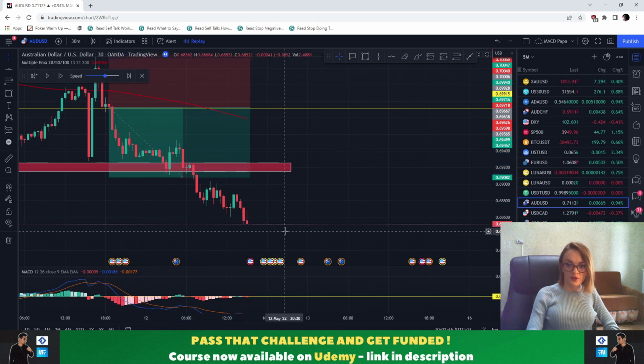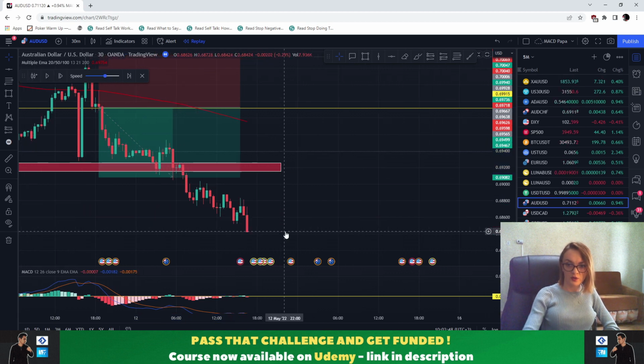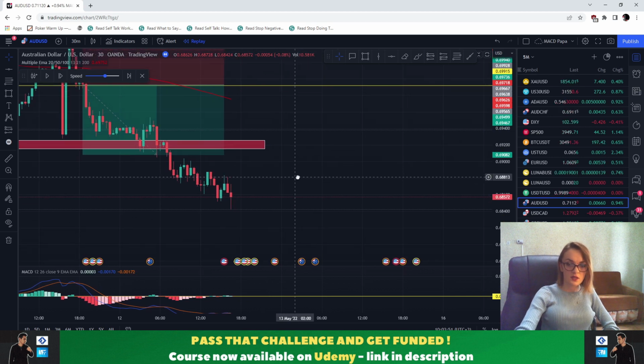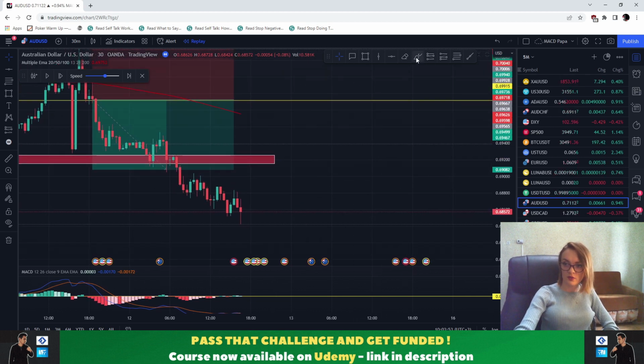Let's go further and see how the price will react. And I can see here something that already concerns me, and this is the fact that the price started to make this descending channel here, which is a sign that the price may reverse soon from this zone.